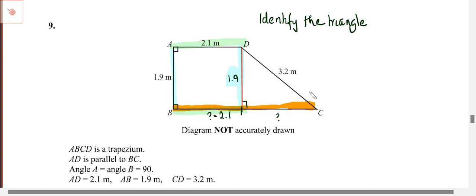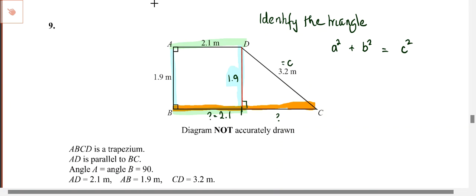Now this is the triangle, all right? So now we do need to identify my a squared, my b squared, and my c squared. So which is the a, the b? Well, the first one to do is which one's the c? 3.2 is. Yeah, that is the c, because it's the longest side of this triangle.